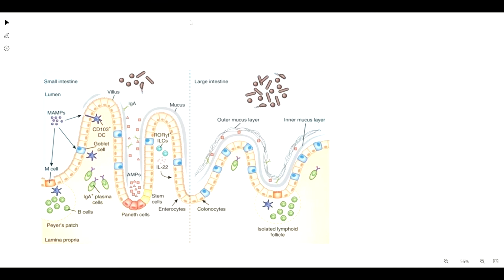So the small intestine here damages the microbes by some sort of secretions like pancreatic juices, secretion of bile, different types of enzymes which are proteolytic enzymes, and the most important, the gut system, right?